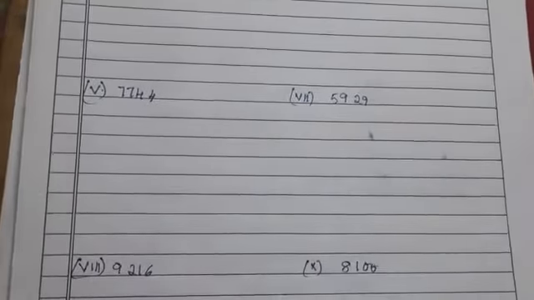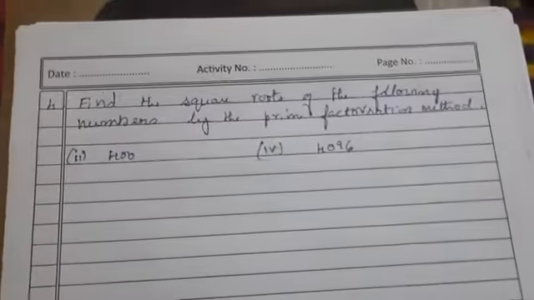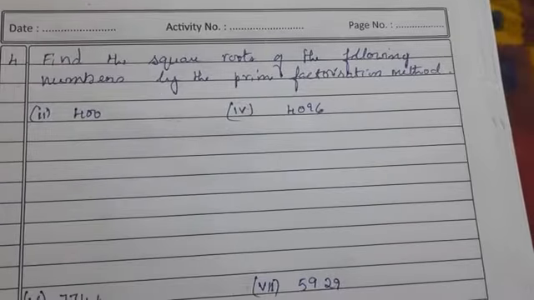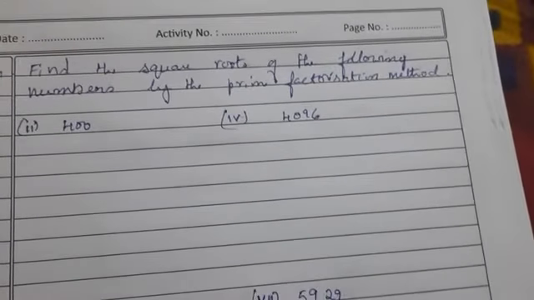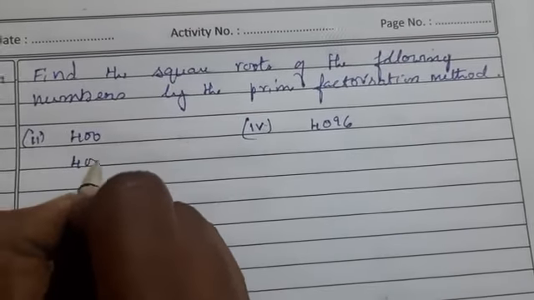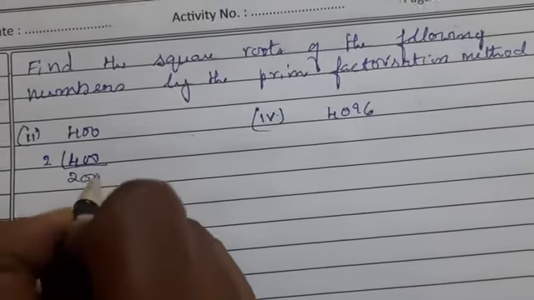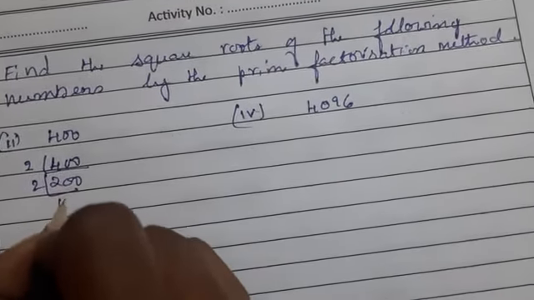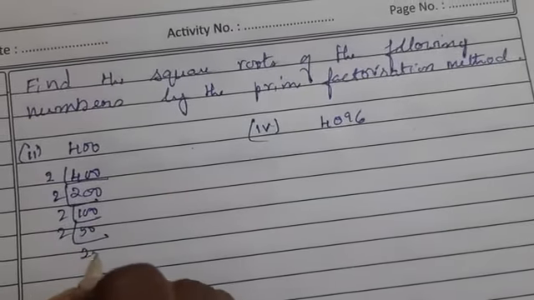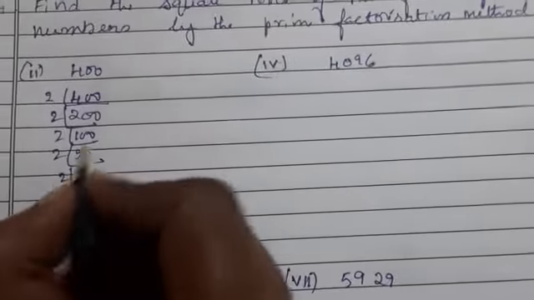Next we'll pass on to the prime factorization method. I told you, you should be perfect with the tables. First number is 400. You have to use prime numbers itself. 2 2s are 4, 2 twos are 200, 2 50s are 100, 2 25s... 25 doesn't go with 2.